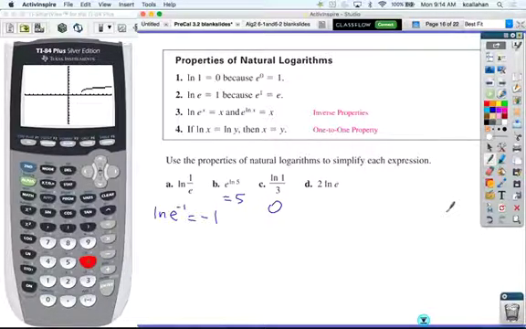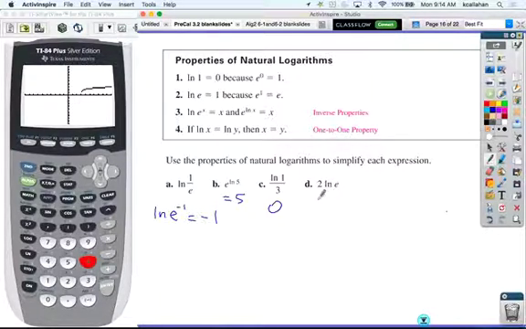How about 2 ln of e? What's ln of e? What is ln of e? 1.